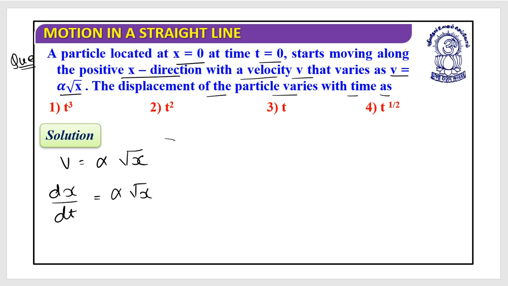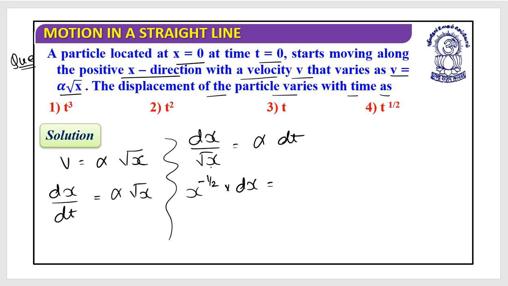Now I can write that velocity is dx/dt, which equals α √x. And I can also write dx/√x = α dt. This is x to the power half, so it's x to the power minus half dx = α dt. Let me integrate on both the sides.